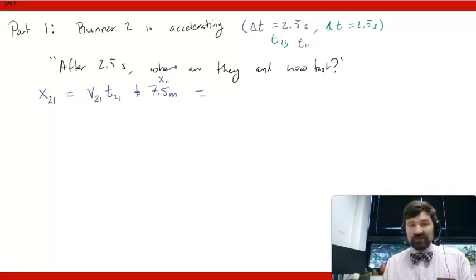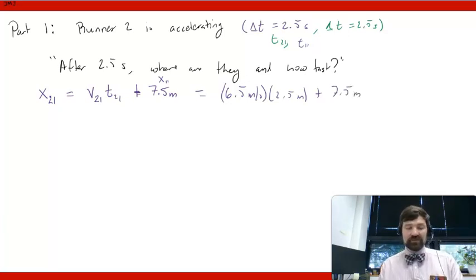That becomes 6.5 meters per second times 2.5 seconds plus 7.5 meters. You throw all that into the calculator, 6.5 times 2.5 plus 7.5, and that gives me 23.75 meters.